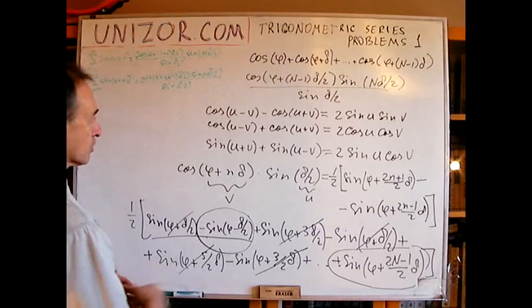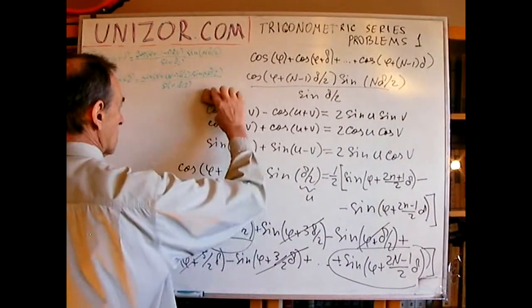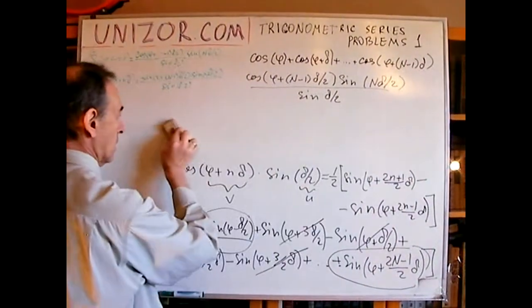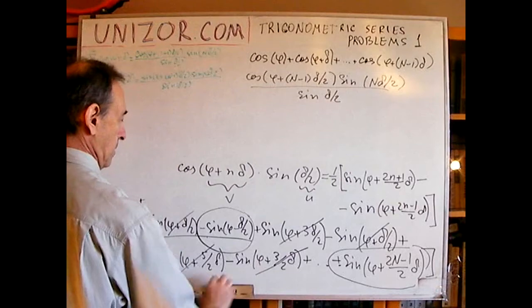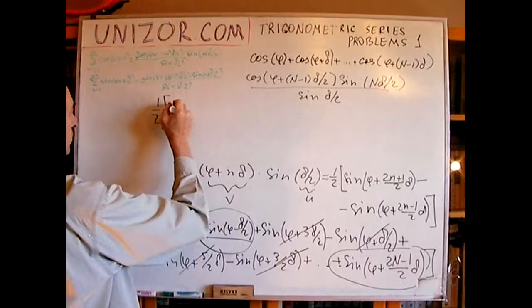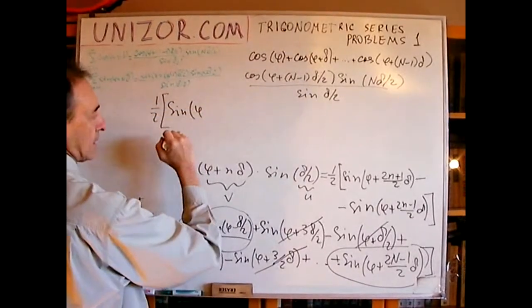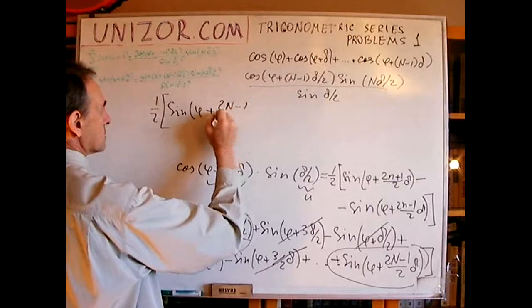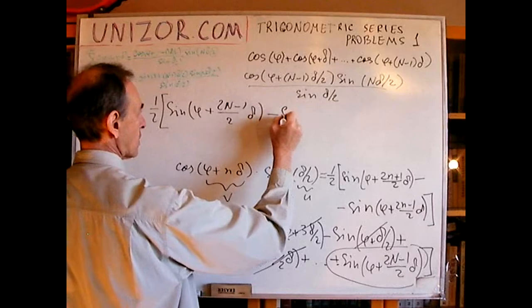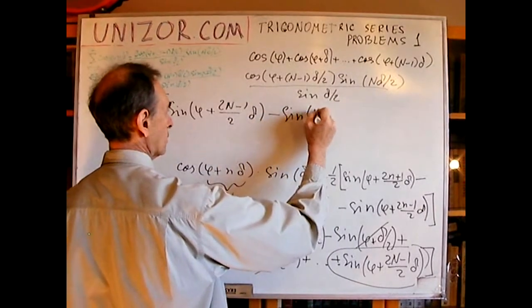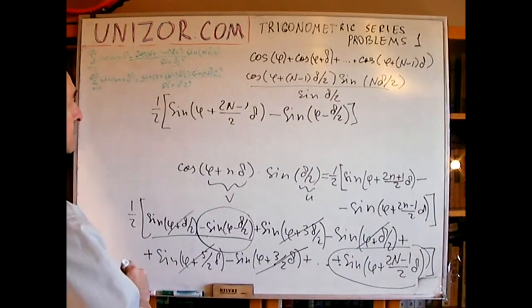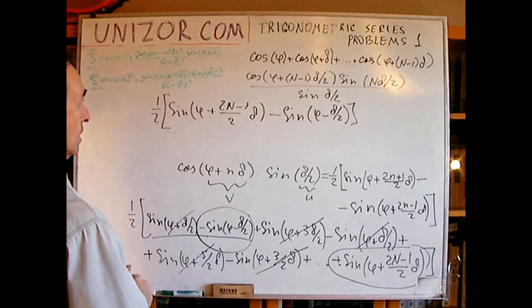So the only thing which remains in this case is one half the last one, which is sine of phi plus 2N minus 1 over 2 delta, minus the second part of the first member, which is sine of phi minus delta over 2. That's the result of the summation of the cosines.